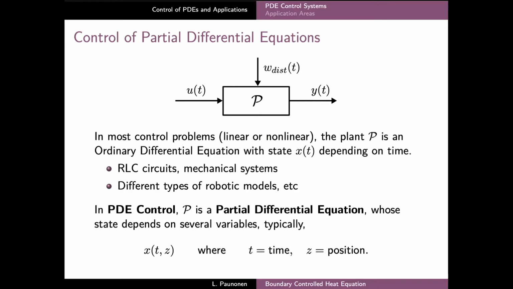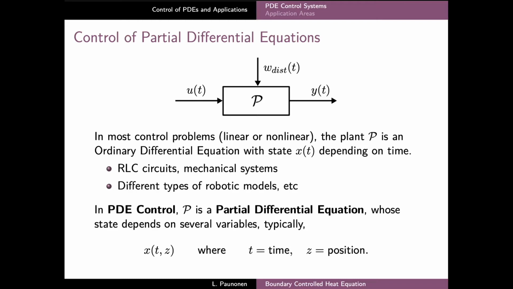In most control problems in control engineering, the control system P is either a physical system or a mathematical model, which is described by either a linear or nonlinear ordinary differential equation, which describes the evolution of the state of the system. And this is true, for example, for electrical circuits, mechanical systems, and different types of robotic models.